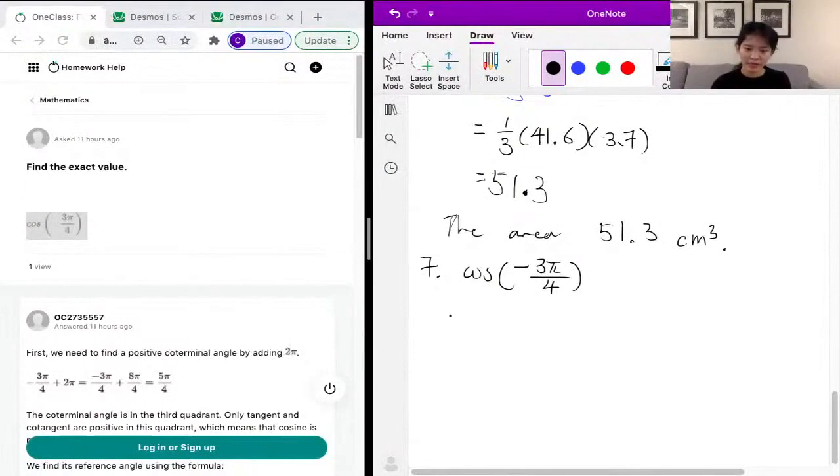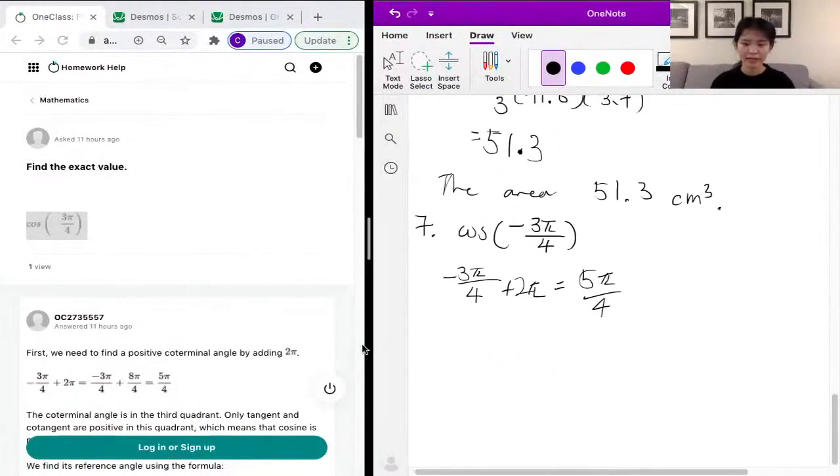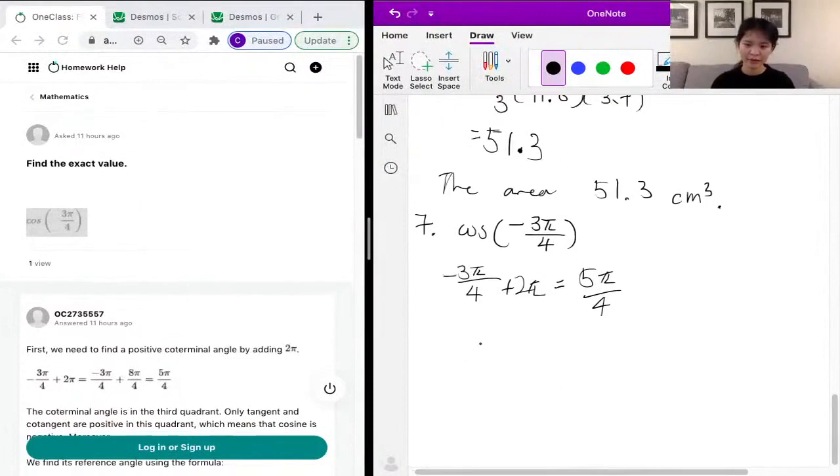But let's just add 2 pi: negative 3 pi over 4 plus 2 pi, which is 8 pi over 4, is 5 pi over 4. So we have 5 pi over 4 as our coterminal angle. Next, we find our reference angle, which is pi over 4.